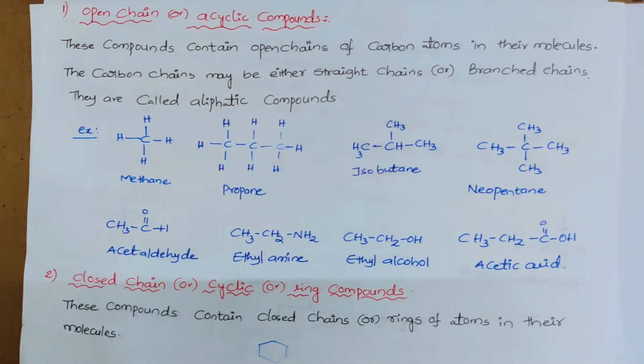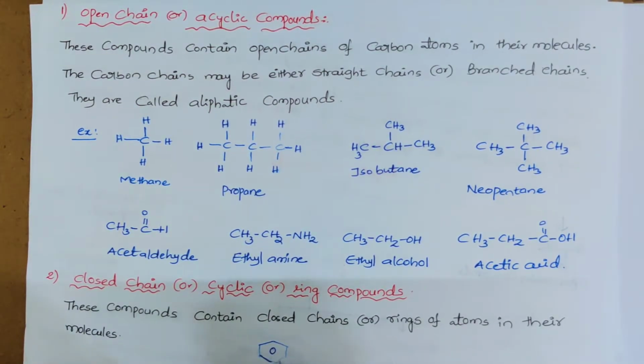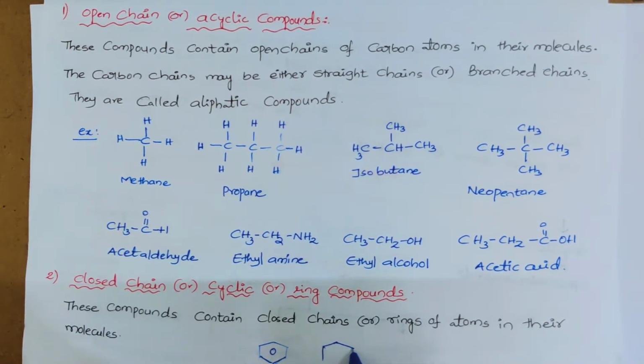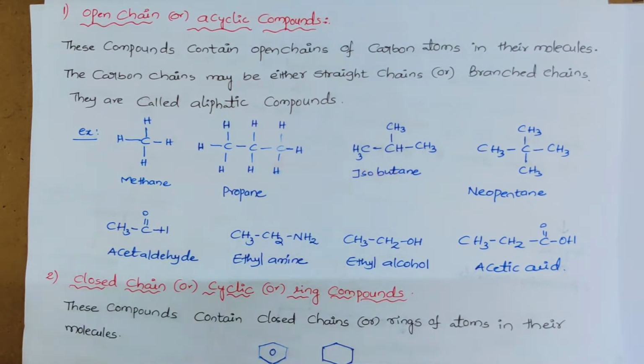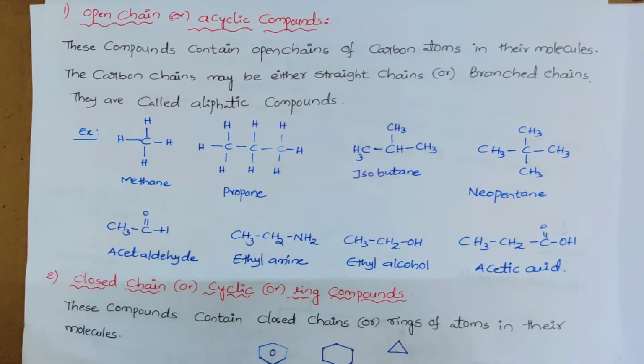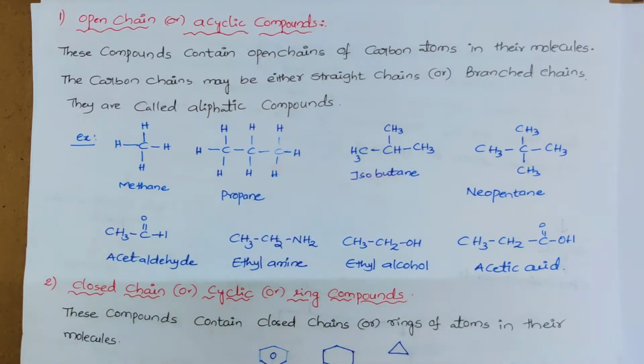That's why it is a cyclic compound. Cyclohexane is there, I write like this. This is also a cyclic compound. Like that, closed chains are present in these molecules.